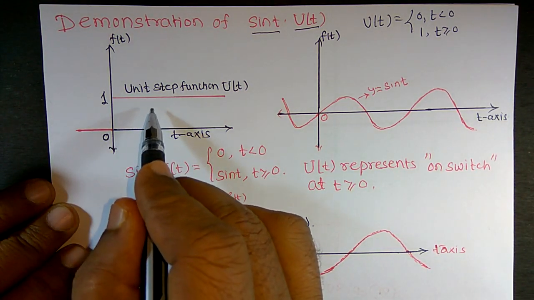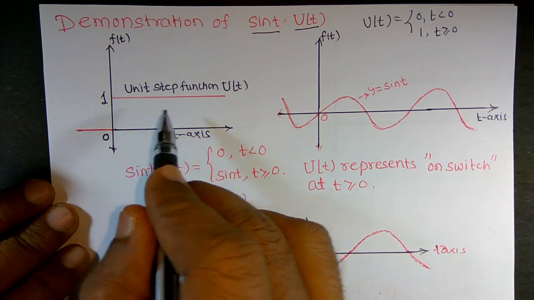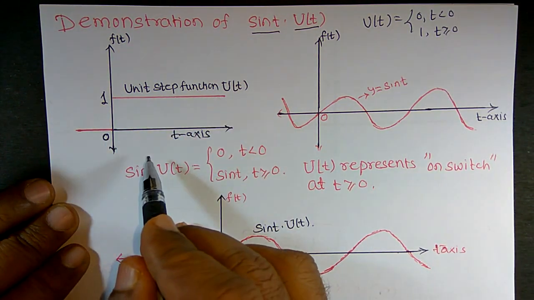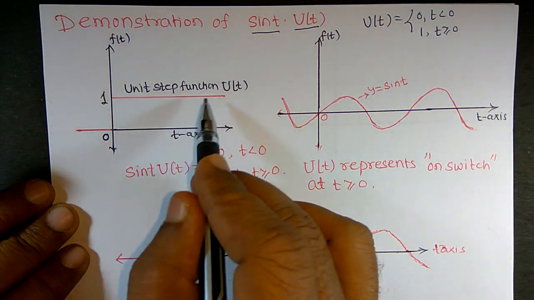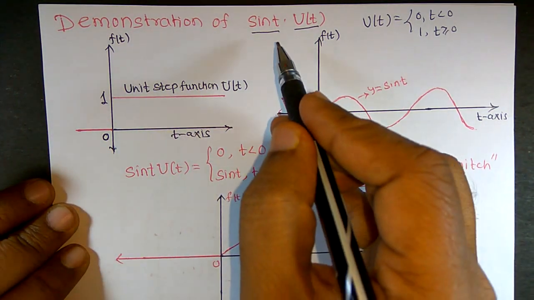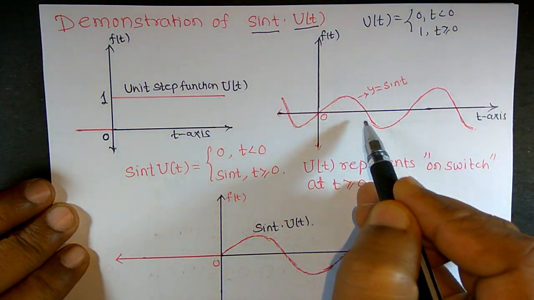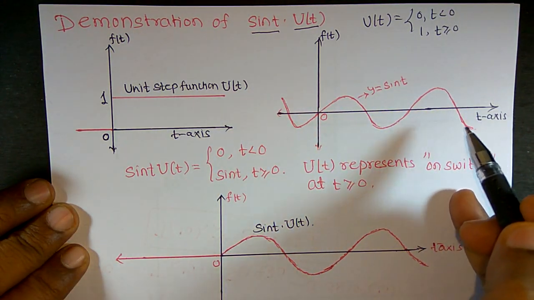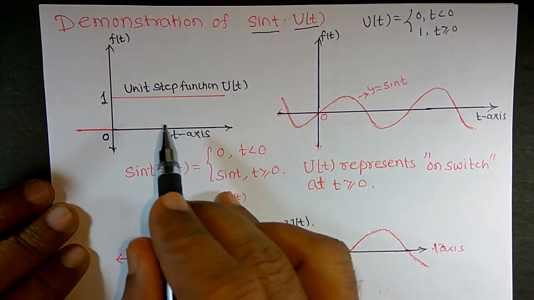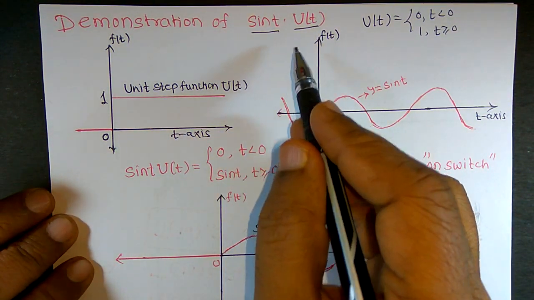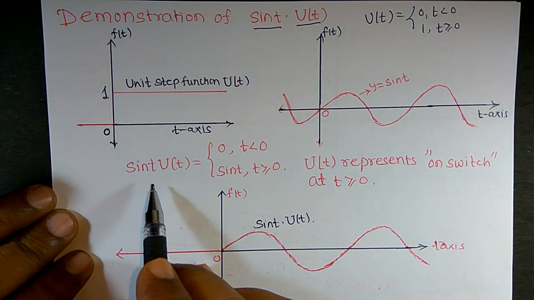And it will maintain 1 unit height when t is greater than or equal to 0, and you will get this line. So we call it a unit step function. Okay, when we draw the diagram of sine t, I hope we can obtain a curve like this passing through the origin. So when we multiply these two, or before that, the multiplication can be represented mathematically.